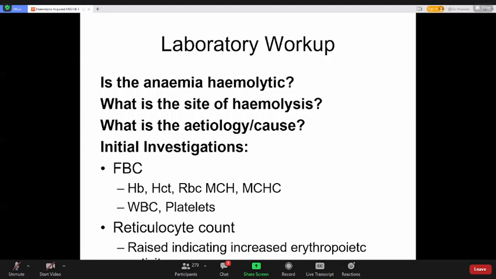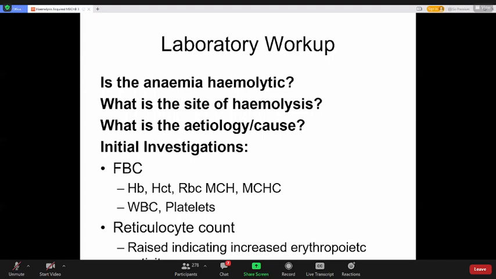And then we also want to investigate, if it is hemolytic, where is this hemolysis taking place? Is it intravascular or is it extravascular within the spleen? All right. And then after you've done that, what is the cause? Is it drug? Is it malaria? Is it immune? Is it autoimmune? Then you do tests to find that out, so that you can treat the patient appropriately.